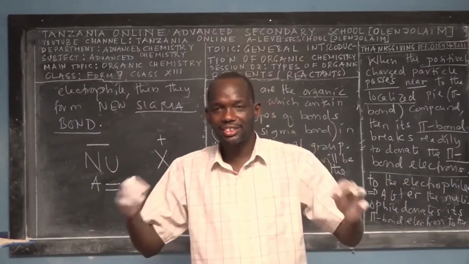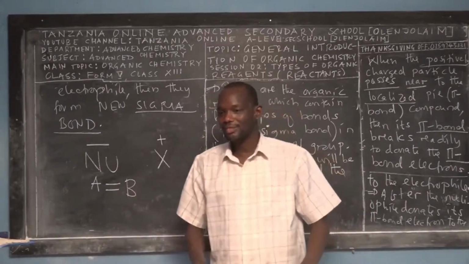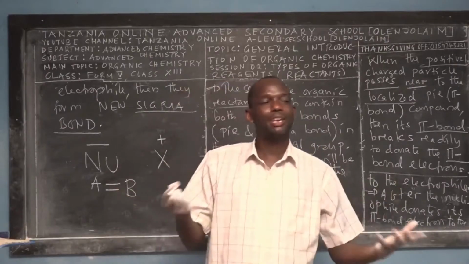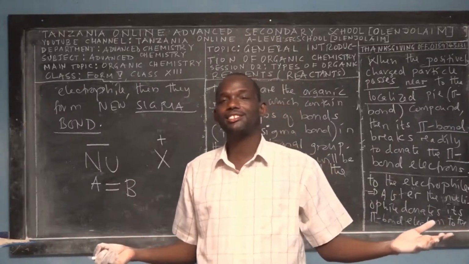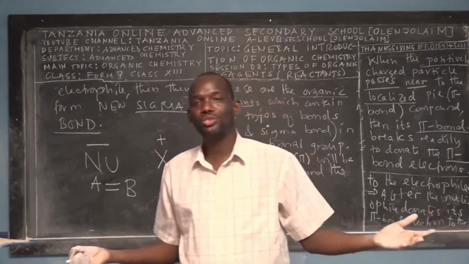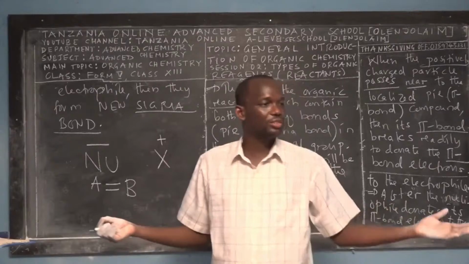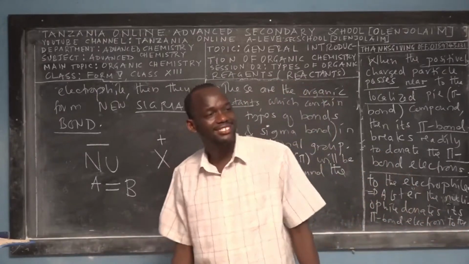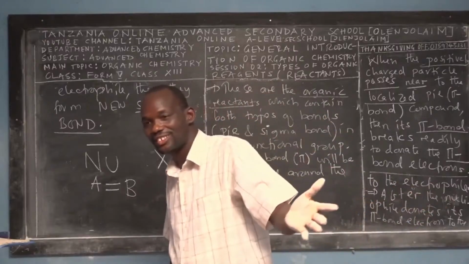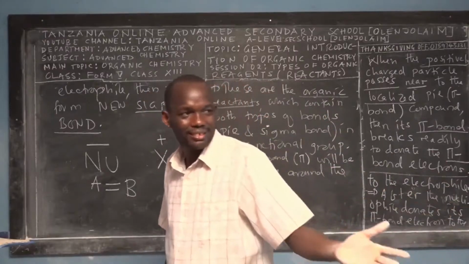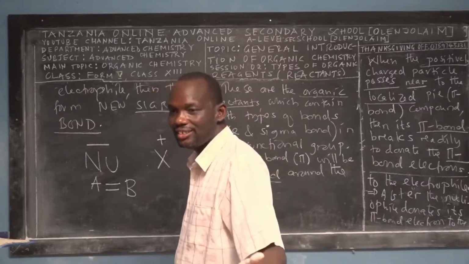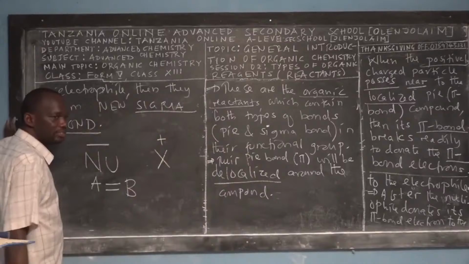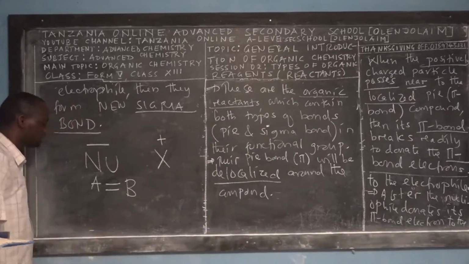If you have a double bond, one is a sigma bond and one is what? Pi bond. So if I ask you for examples of compounds which contain sigma and pi bonds, you begin from alkenes. How many examples of alkenes do you know? Many. Ethene, propene. So you have a lot.